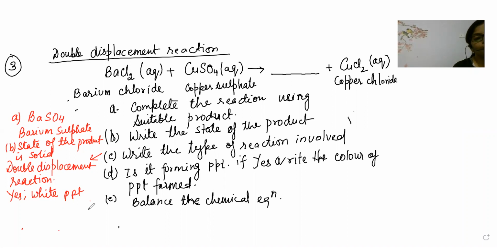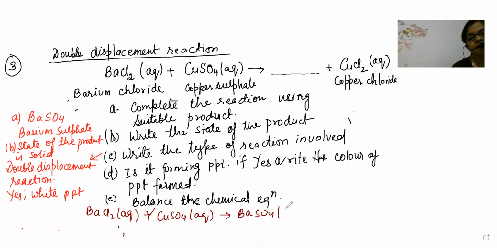So after balancing, you write BaCl2 in aqueous state plus CuSO4 in aqueous state gives BaSO4 in solid state plus CuCl2 in aqueous state.